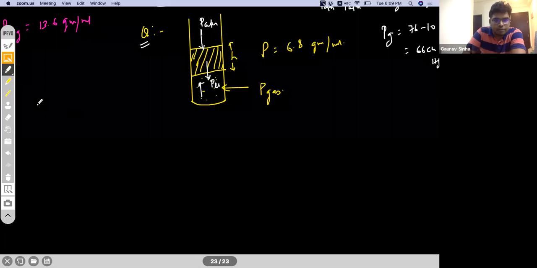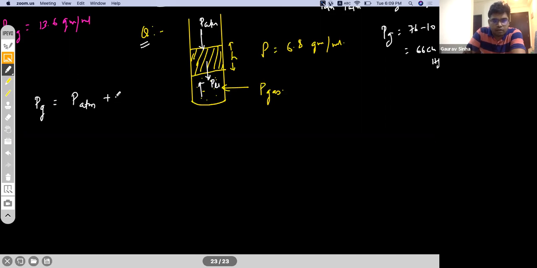So we'll write the pressure of gas equals the pressure of atmosphere plus the pressure of liquid. Now this liquid column's density is given as 6.8. So pressure of liquid is what? It equals rho g h.